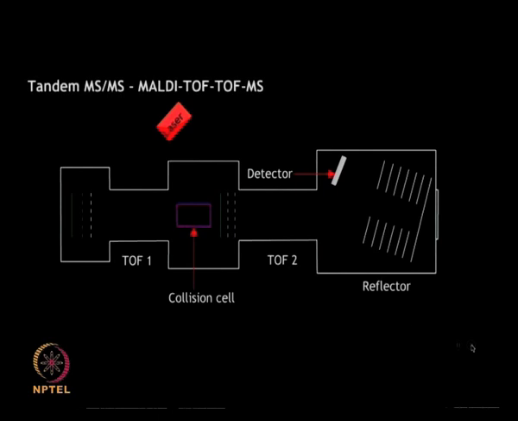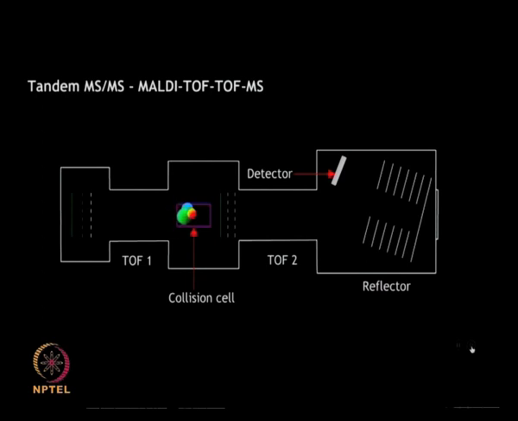The different types of tandem MS-MS configurations, such as Multi-TOF-TOF. The TOF-TOF MS is a common tandem MS configuration, in which the ions are first resolved on the basis of their time of flight in the first TOF analyzer.